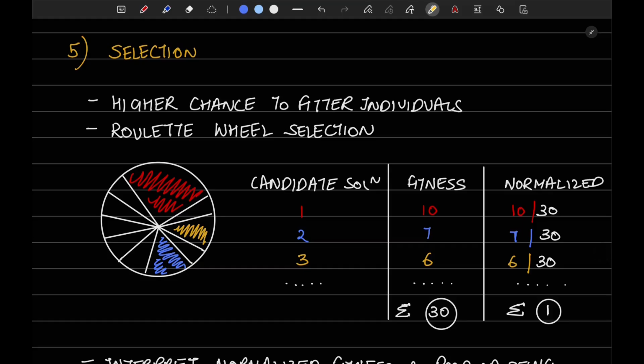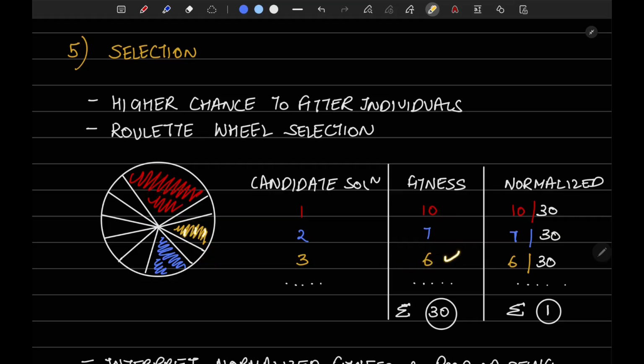Imagine all the candidate solutions in a generation arranged on a roulette wheel, where the size of each sector represents the fitness of the solution. So, a highly fit solution gets a larger sector, while a weaker one gets a smaller one.